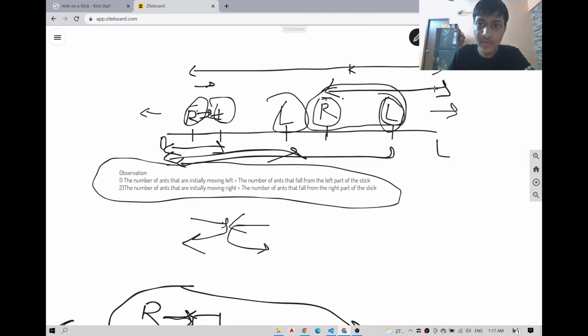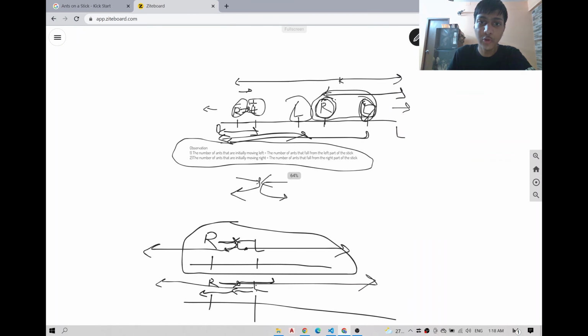Out of all these distances we have calculated for all ants that are initially moving right, the minimum time will correspond to the rightmost ant. Similarly, the second least time would correspond to the second ant from the right end falling from the right end of the stick.